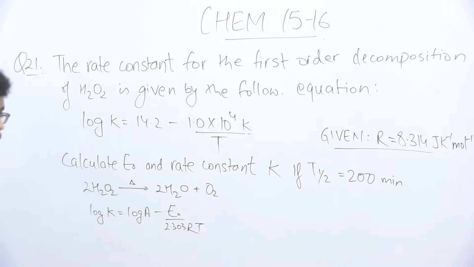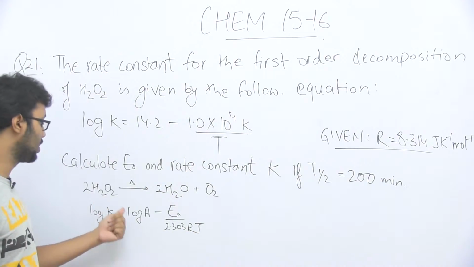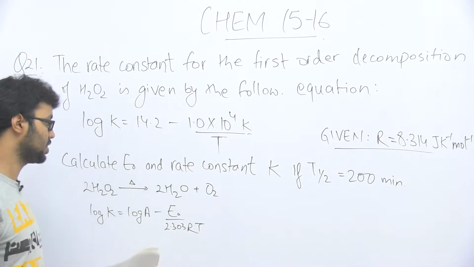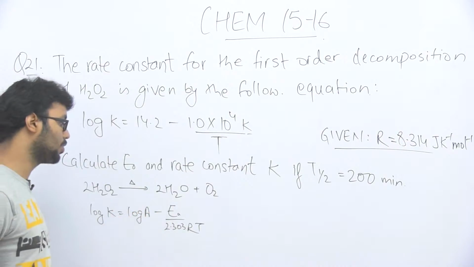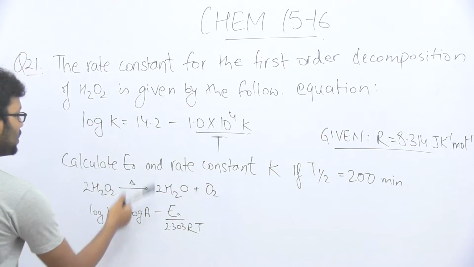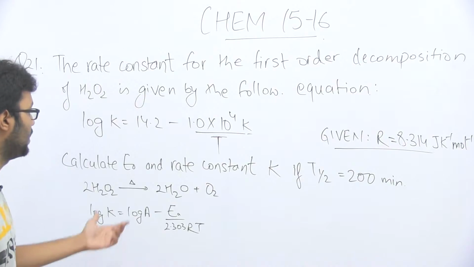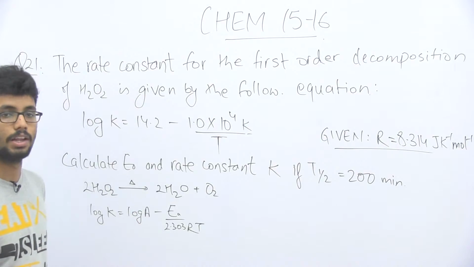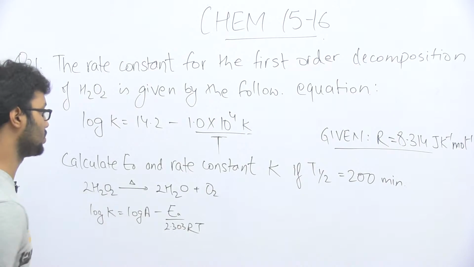So we know this equation, log K equals log A, where A is the pre-exponential factor, minus EA over 2.303 RT. Now we can compare these two and find out the required values which we have defined, EA and constant K.